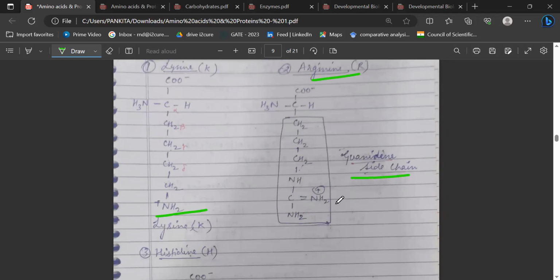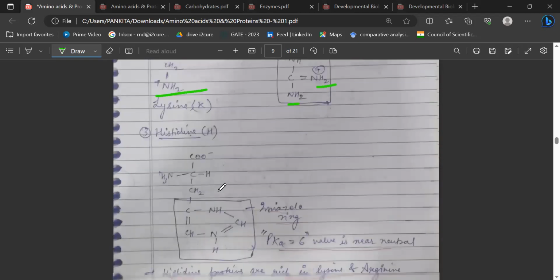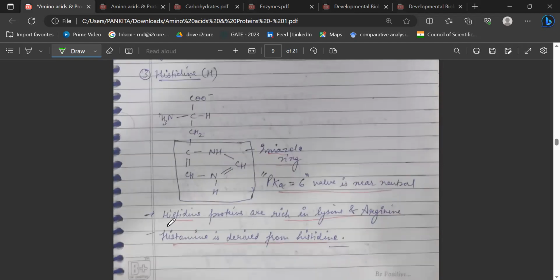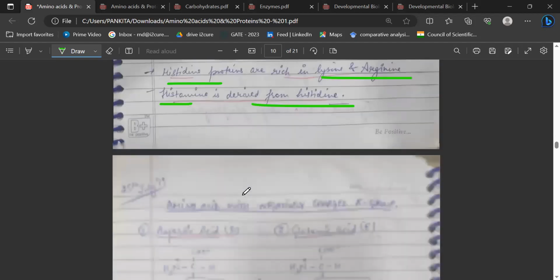As we can see, this NH2 is positively charged and we have three NH groups. Histidine, the structure of histidine is this, which contains an imidazole ring. The pKa is 6 for this ring, which is near neutral value. Histones are rich in lysine and arginine, and histamine is basically derived from histidine.